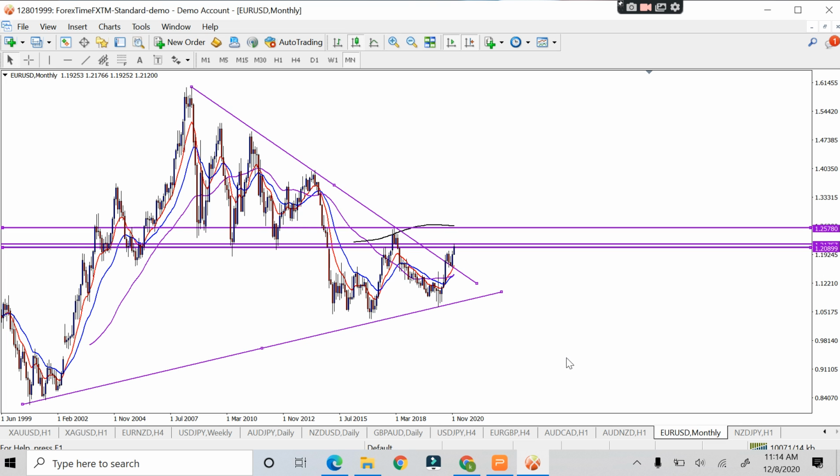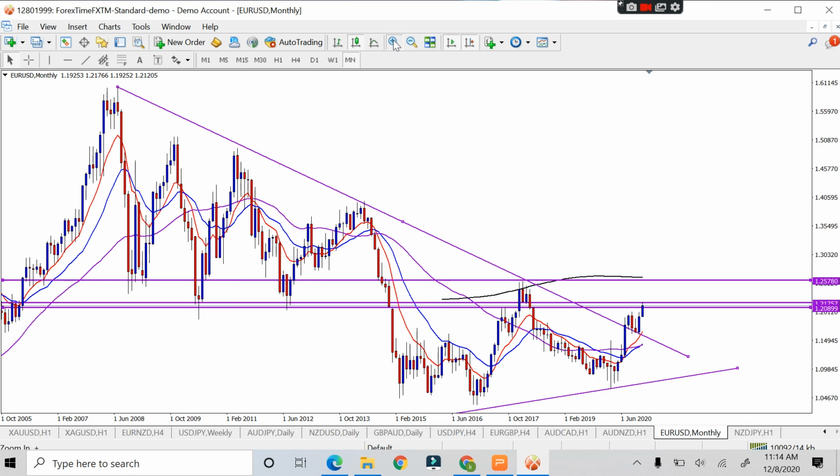That descending trend started all the way from July 2008 thereabouts. If you want to draw a symmetrical triangle, it goes all the way to 20 years. So if we're using that as a parameter, it has just broken out of the triangle and it has broken upwards. Upward means that it's a buy bias.